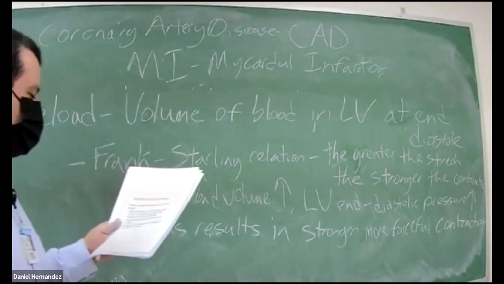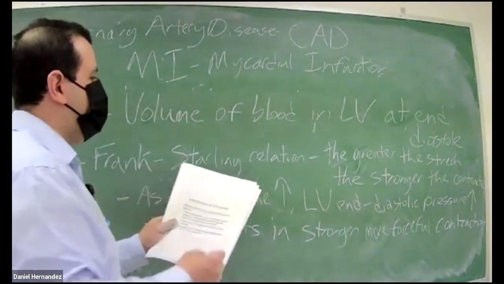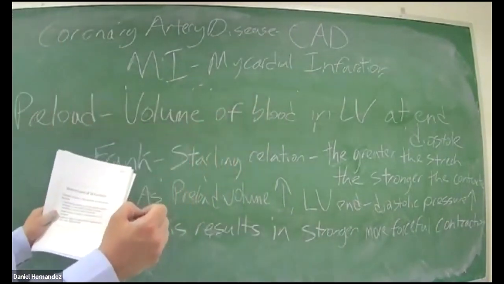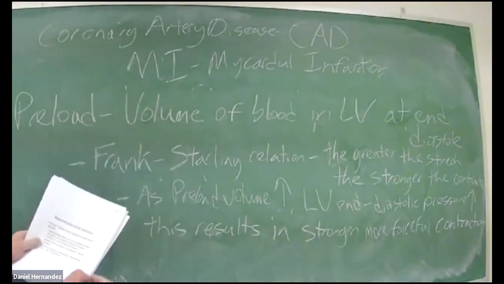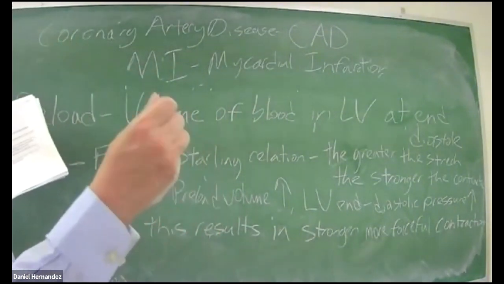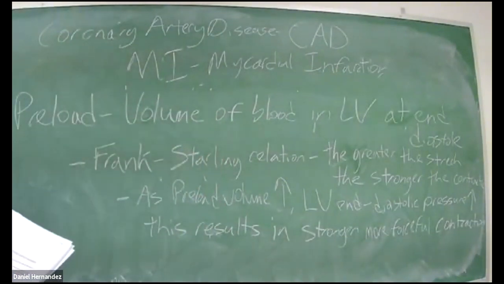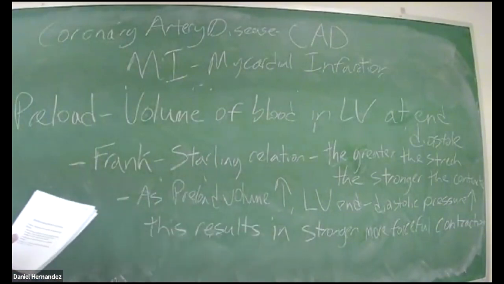But this happens only up to a point. There becomes a point where the heart becomes so stretched out that this relationship breaks down and the heart is no longer able to accommodate for that extra volume and create those forceful, strong contractions. And that's when you start winding up with your dilated cardiomyopathy.